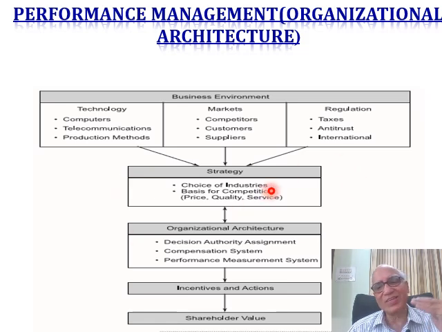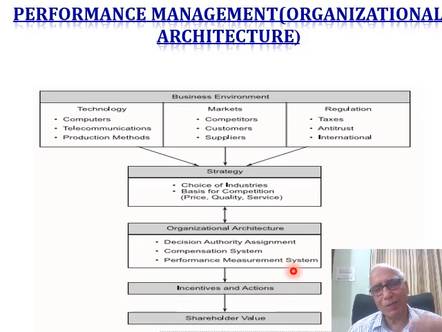Strategy is formulated, as we have learned, at two levels: corporate level strategy and business unit strategy. Strategy has an important bearing on organizational architecture or performance management system. The performance management system or organizational architecture has three components: decision authority assignment, or what we call popularly delegation of authority; compensation system; performance measurement system.